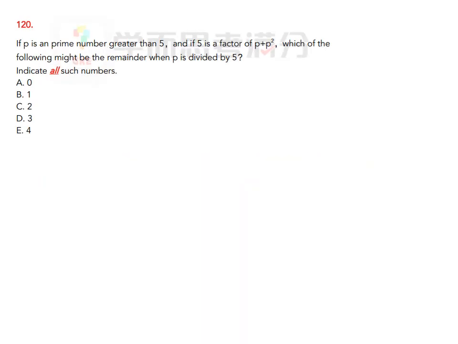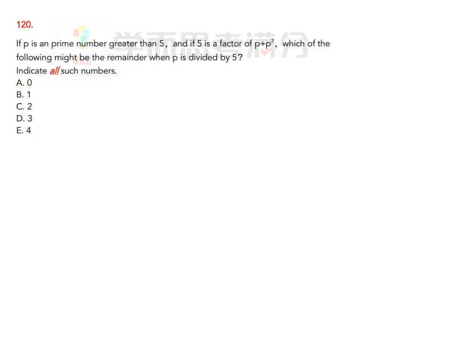If p is a prime number greater than 5 and if 5 is a factor of p plus p square, which of the following might be the remainder when p is divided by 5? So there are 3 conditions. P is a prime number, p is greater than 5 and 5 is a factor of p plus p square. How can we write p plus p square?